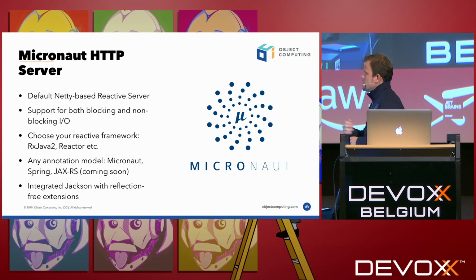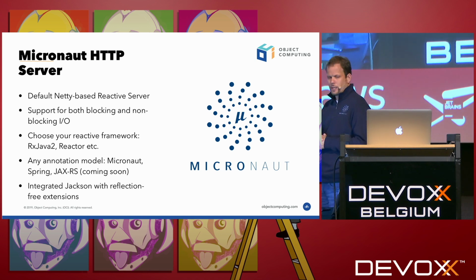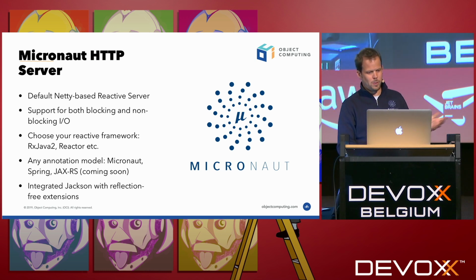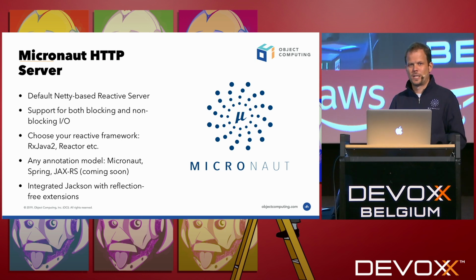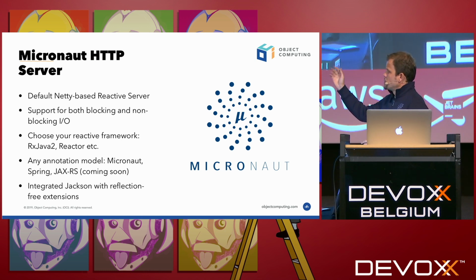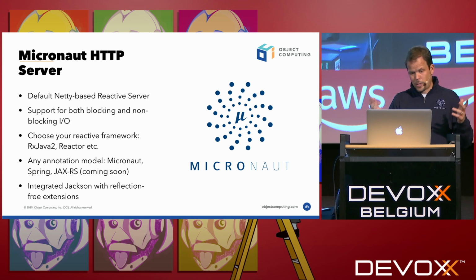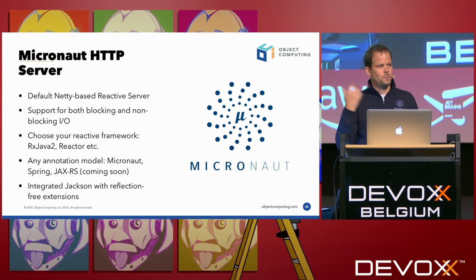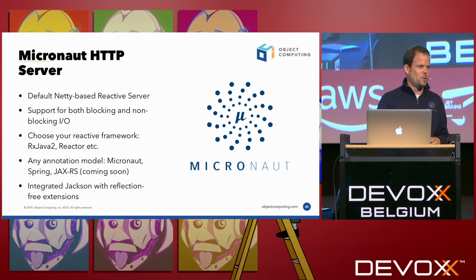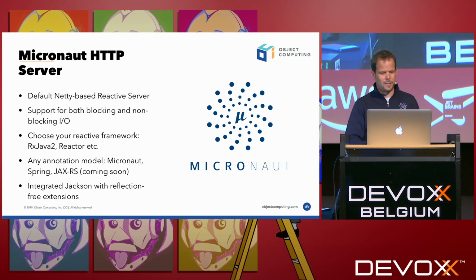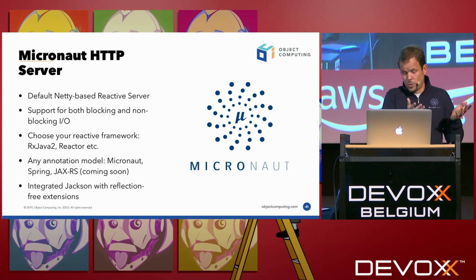You can bring your own annotation model, like I demoed in my brief proof of concept. For those JAX-RS fans, we'll probably be supporting those annotations soon. You can also use Spring annotations if you want. We have a project called Micronaut Spring, where you can plug that in and use Spring's annotations like @Controller, @RestController, and @GetMapping, and use those if you prefer.